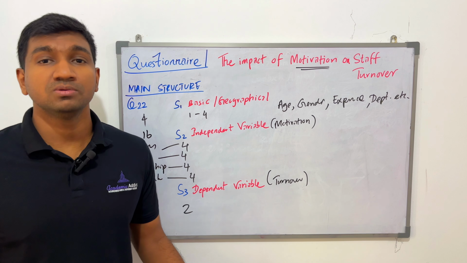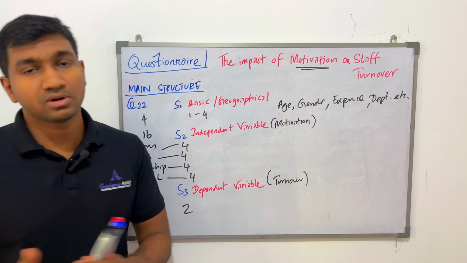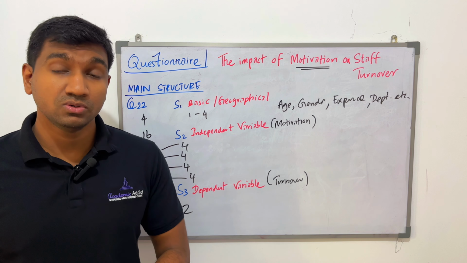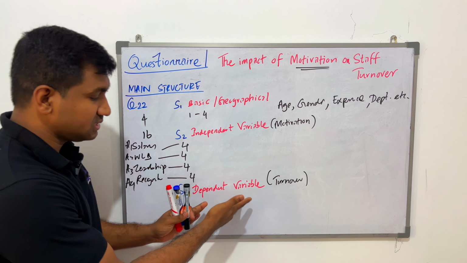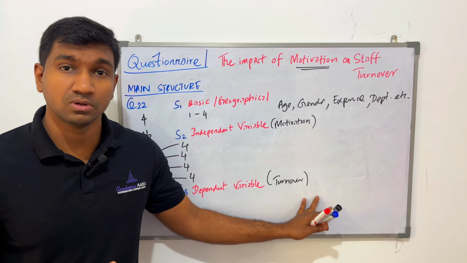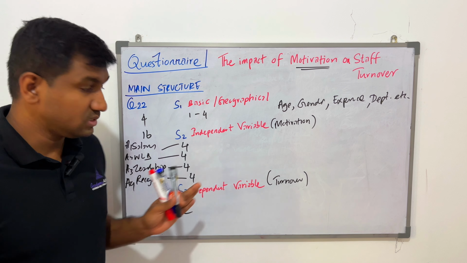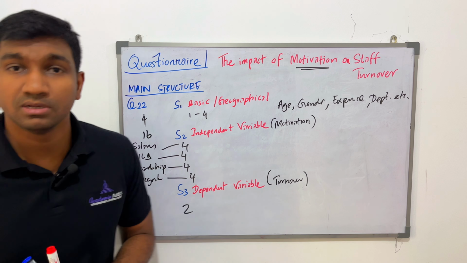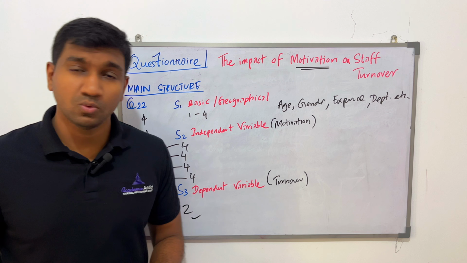I'm actively looking for a new job. Okay, or else you can have, I'm demotivated to stay in this organization. Yeah, a question like that you can have because this is directly involved with turnover. But for general questions, you don't have to link them to the attributes. This is only on turnover, which is your dependent variable. Yeah, so you can have maybe 2 or 4 questions.